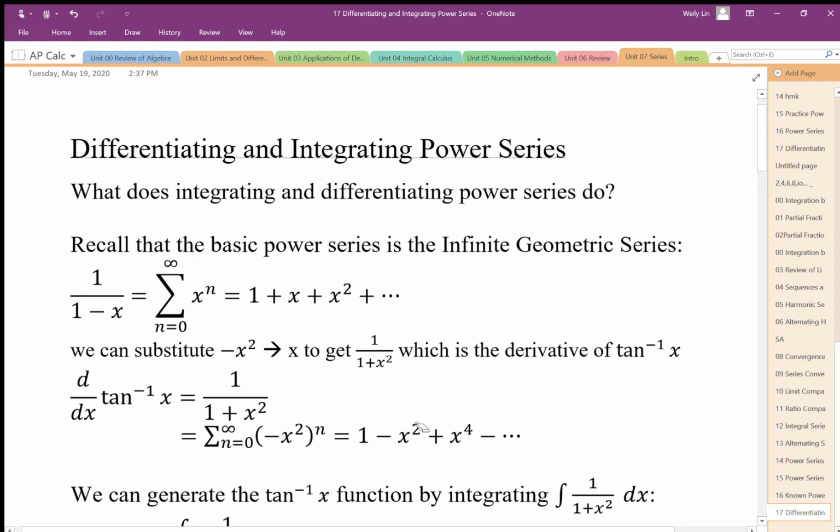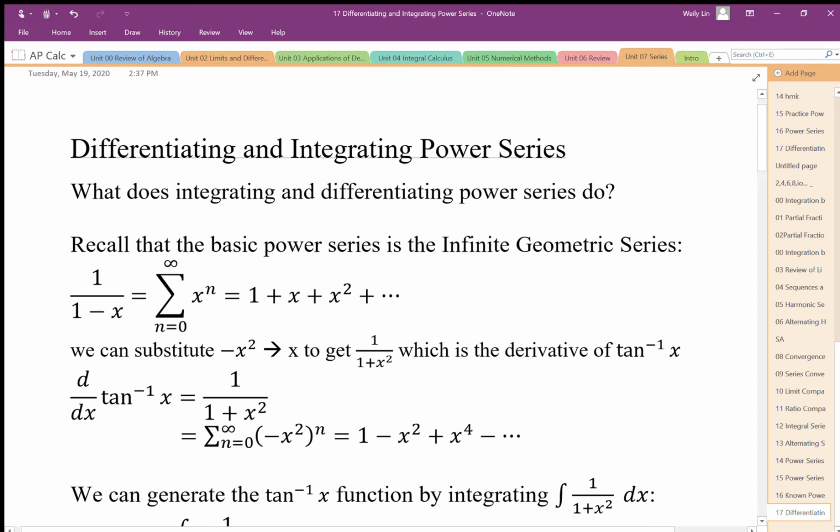So we get this alternating series with every second power here. And this series just represents this basic 1 over 1 plus x squared, which also means that this must be the derivative function of arctan in its infinite polynomial form.